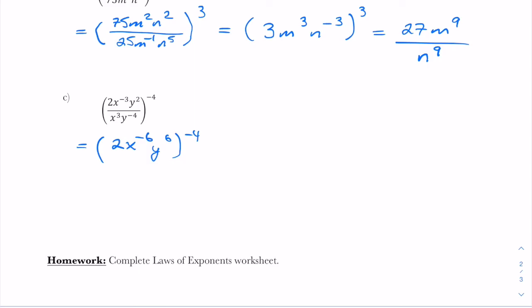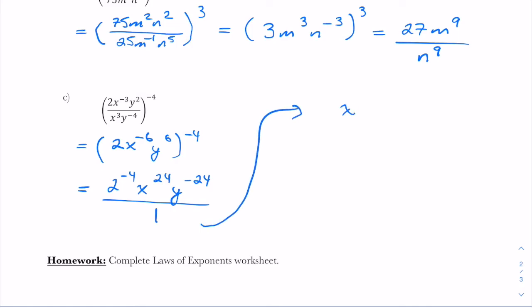Now we can apply that negative 4 to everything in the bracket, so that's 2 to the exponent of negative 4, x to the exponent of positive 24, and y to the exponent of negative 24. Remember, all of this is over 1, and we'll bring our negative powers to the denominator.